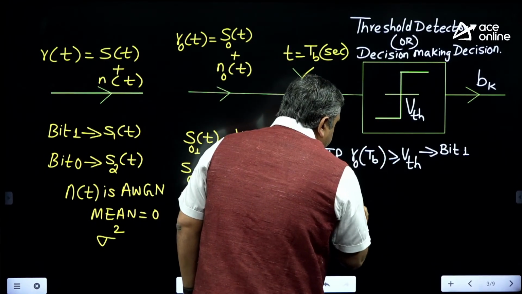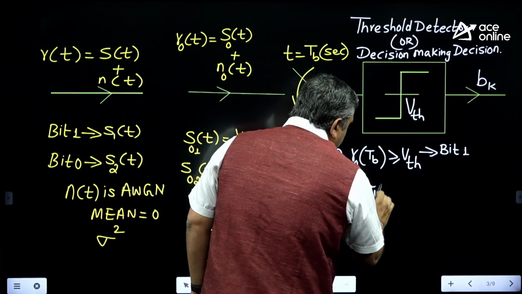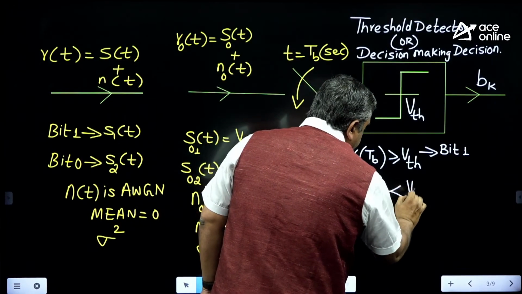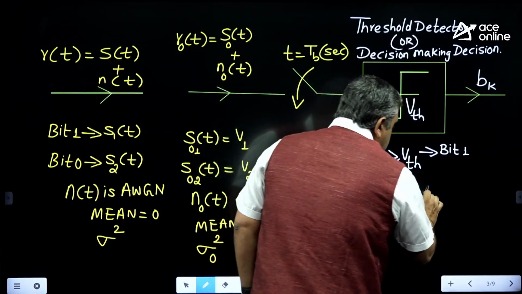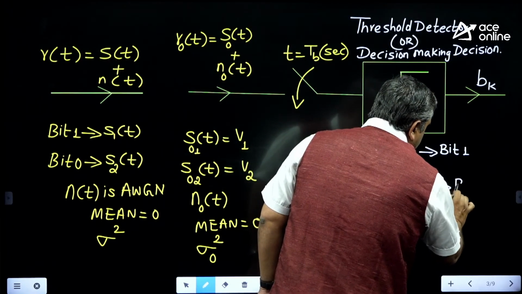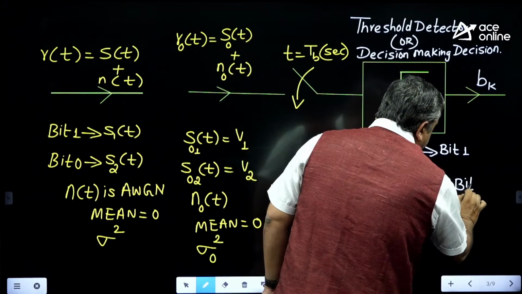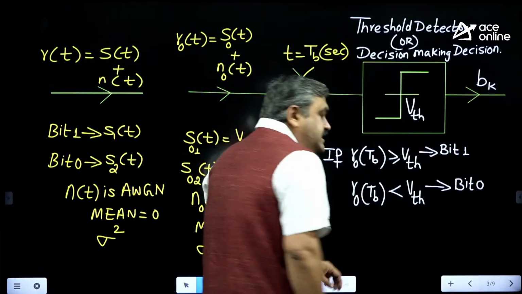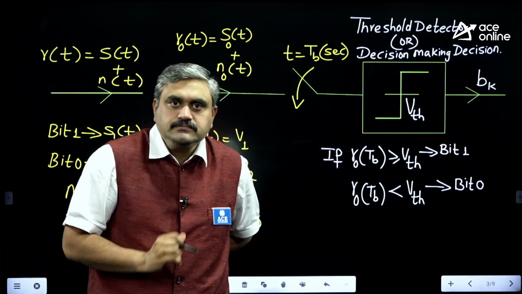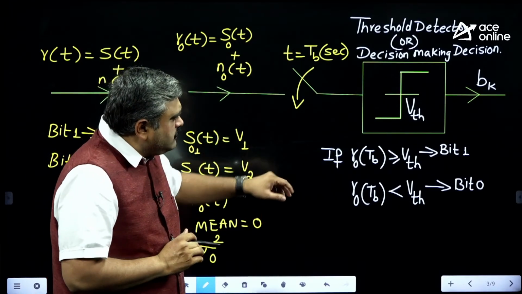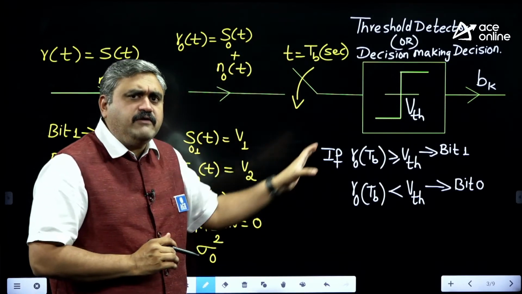If this value of R naught of t at t equal to tb is less than VTH, then you decode it as bit 0. This is a simple algorithm that will come at the last stage of any digital receiver. Got my point? It will go as per this algorithm and develop a bit sequence.